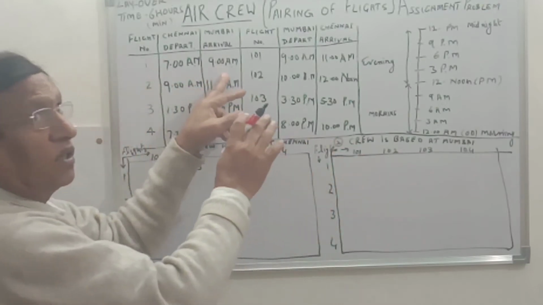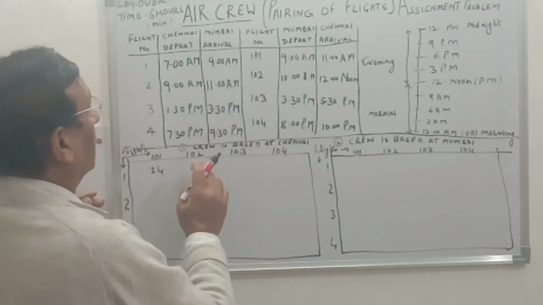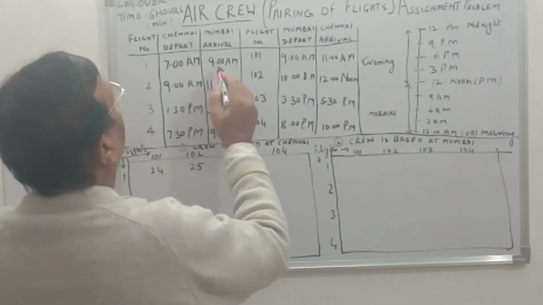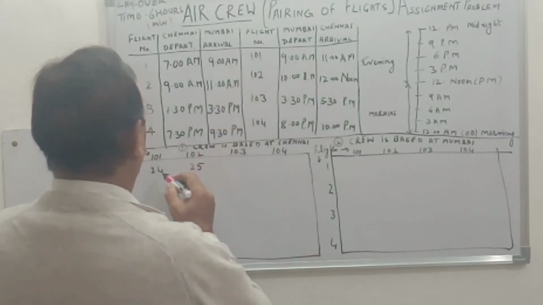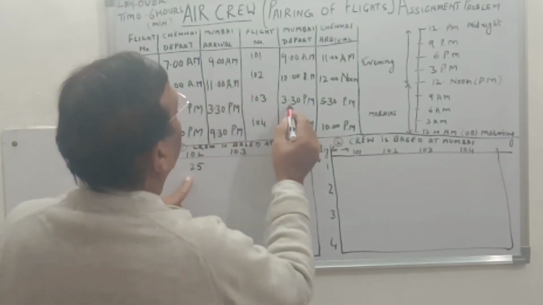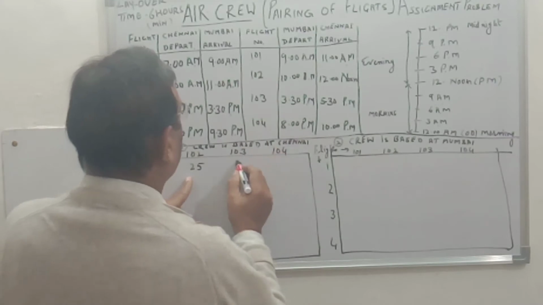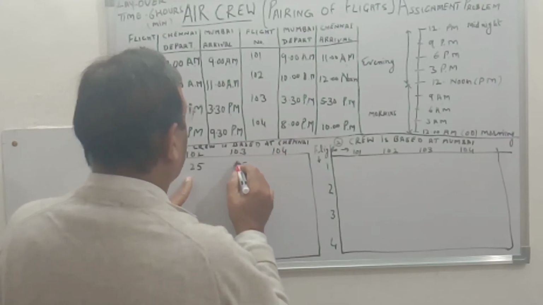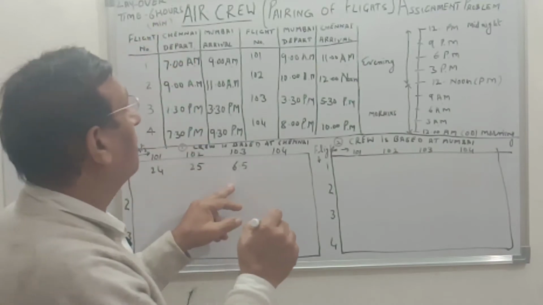It will take too much time because it's lengthy, but you have to understand how to calculate. Arrival at Bombay, then departing from Bombay: 9 to 10, 25 hours. 9 a.m. to 3:30 p.m. is 6.5 hours. And layover time is 6, it means it's okay.